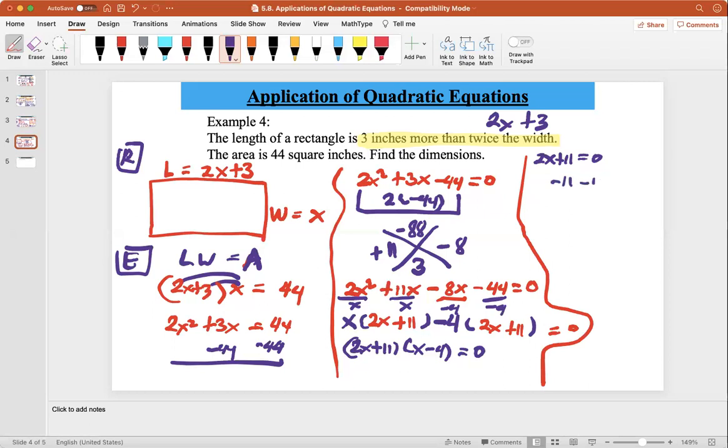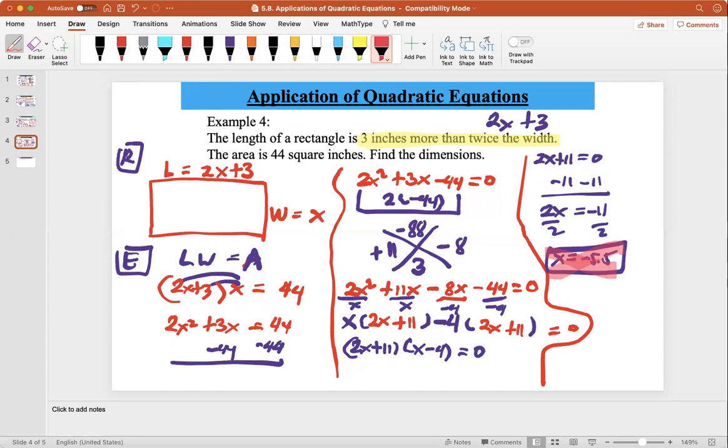Minus 11 both sides, we isolate 2x, and that's equal to negative 11. Divide by 2. If you divide negative 11 by 2, you have negative 5.5. But we know we can't have a negative side, so this one is not possible. So we cross that out.